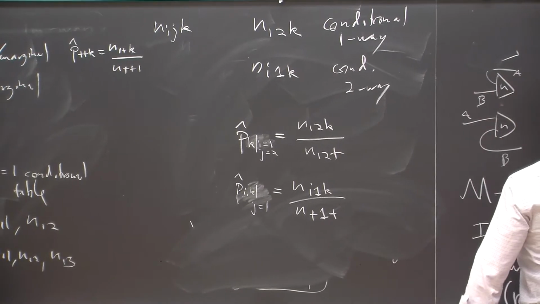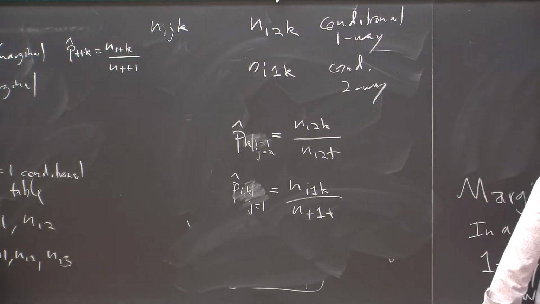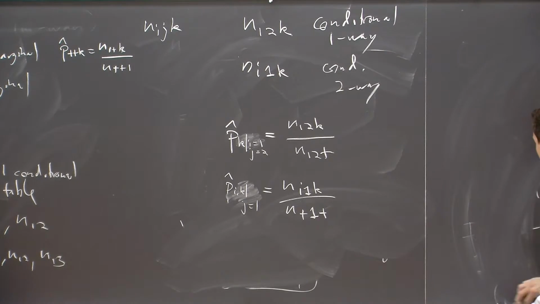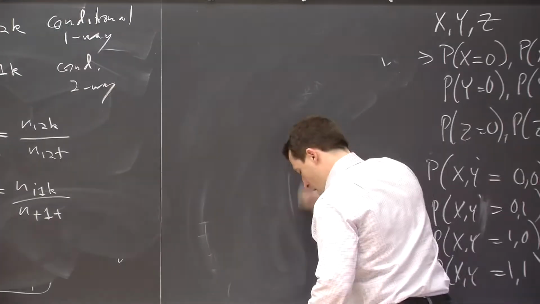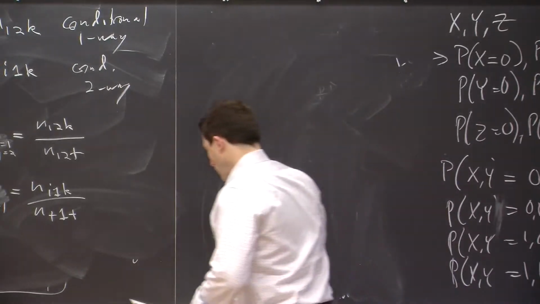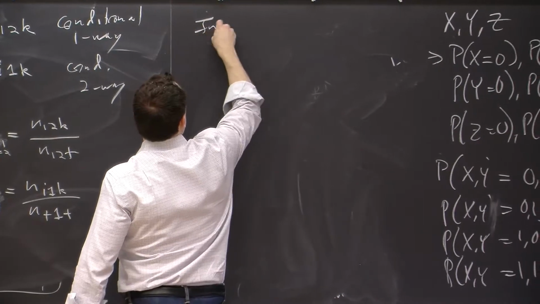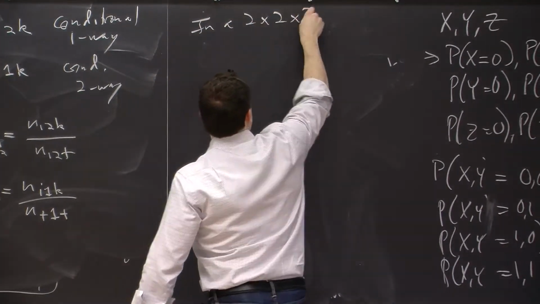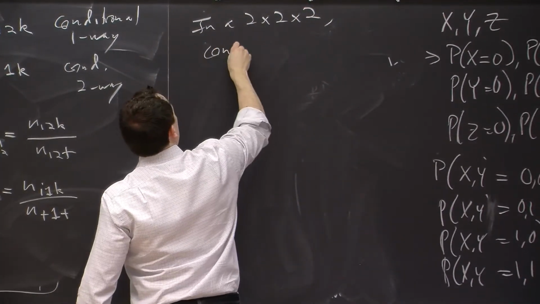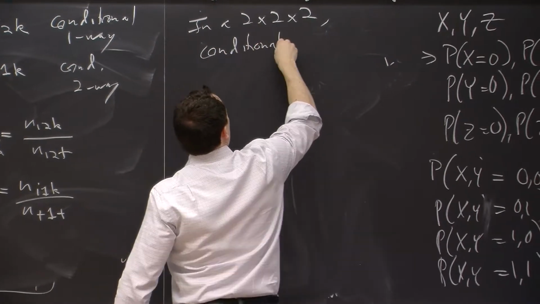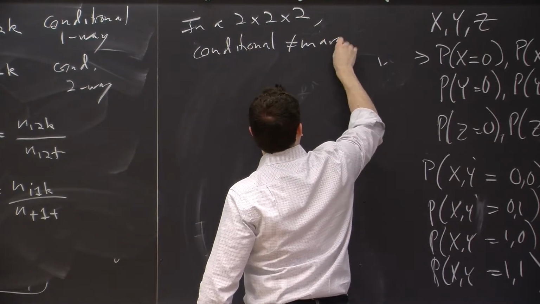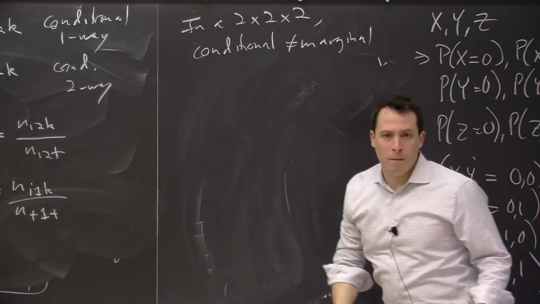As I hope that suggests, the conditional and the marginal tables are different objects. So think about a 2 by 2 by 2, conditional and marginal are not the same thing.